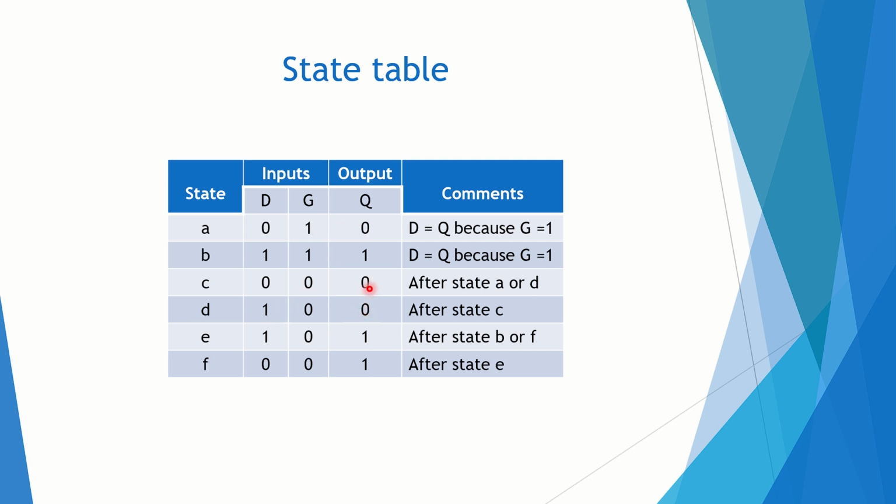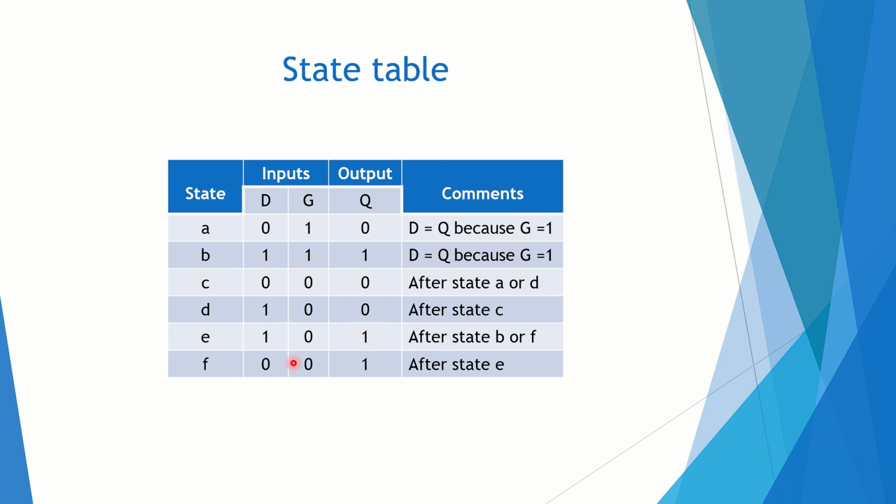This 0, the same state, is maintained here. And this one, E, when D is equal to 1 and G is equal to 0, comes after B or F. So in this B state, when G goes to 0, this value of 1 is retained here. So that is given here.